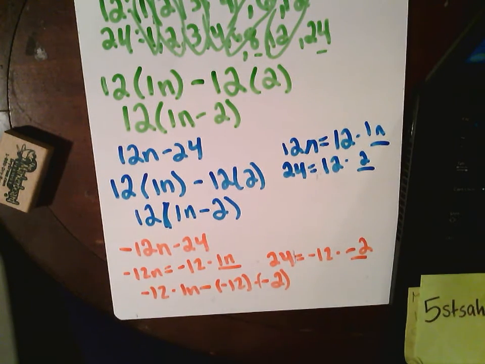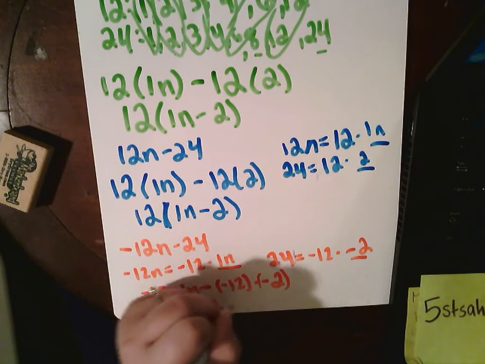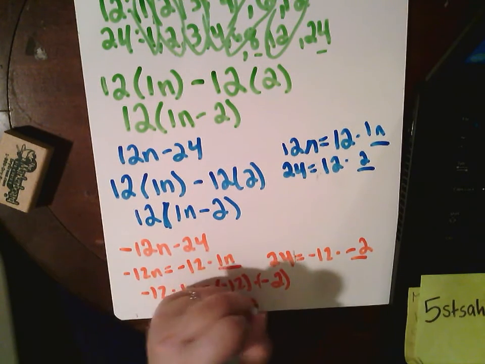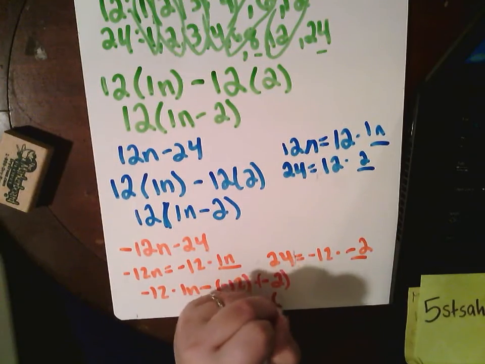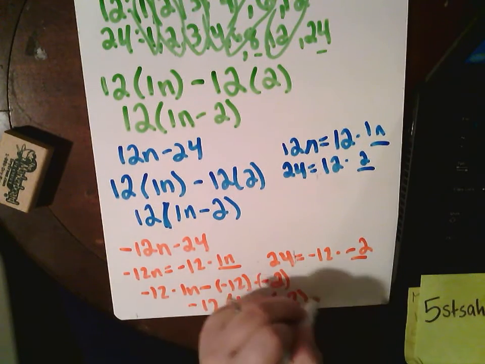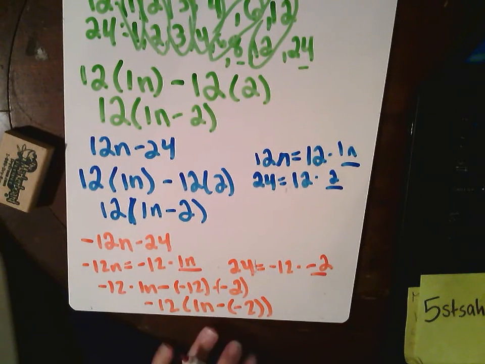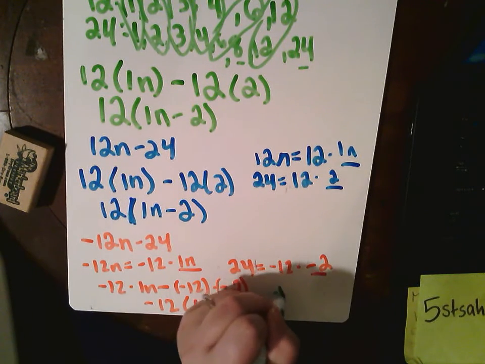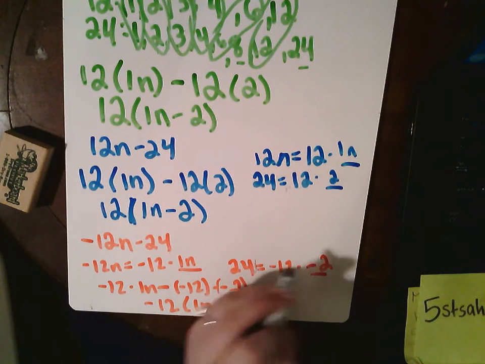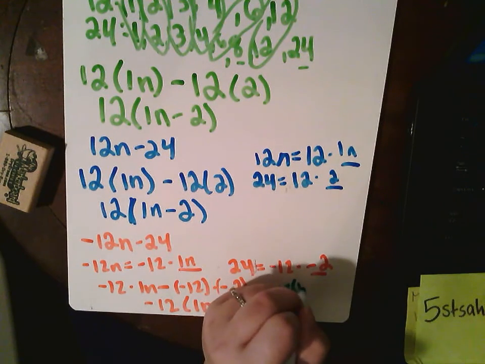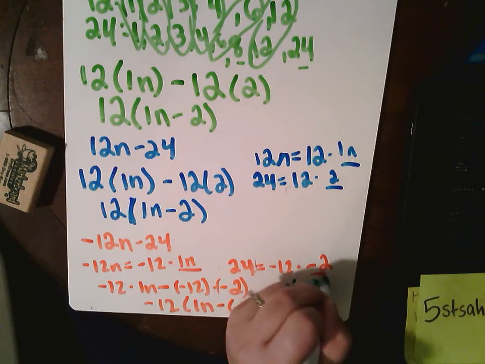So now if I pull out my negative 12s, I'm left with negative 12 times 1n minus a negative 2. So the only thing I can do to simplify this anymore is to say that minus a negative here is adding. So negative 12 times 1n plus 2.